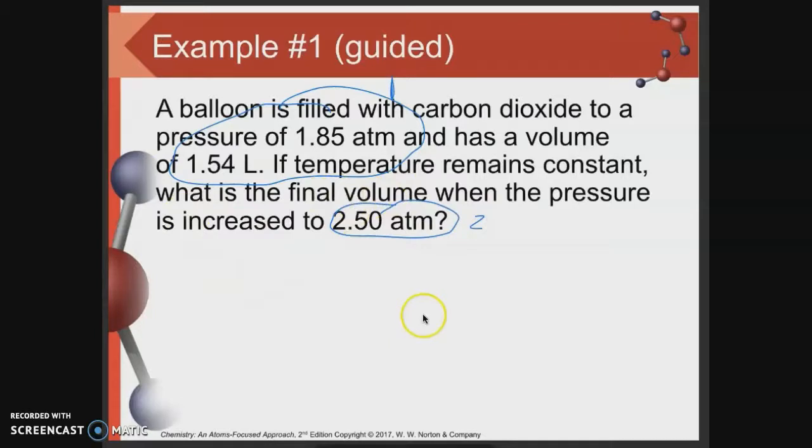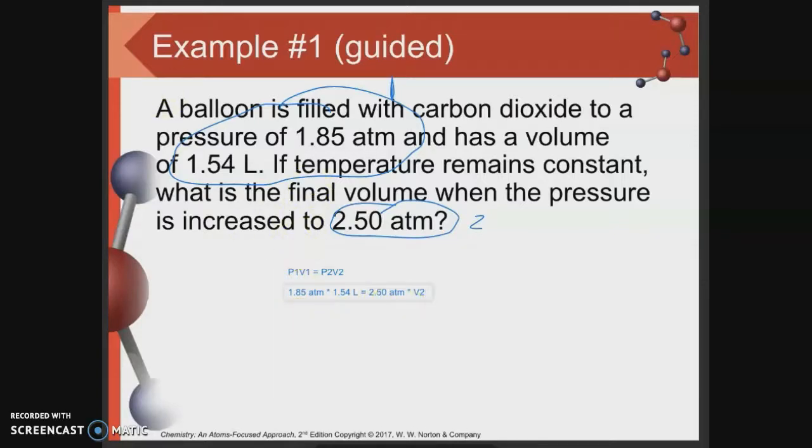This is a perfect place for Boyle's law because, again, temperature is being held constant. So P1V1 is equal to P2V2. And we can see that my pressure initially was 1.85 atmospheres multiplied by my 1.54 liters of volume. And my second pressure is 2.50 atmospheres times V2, which we're trying to find.